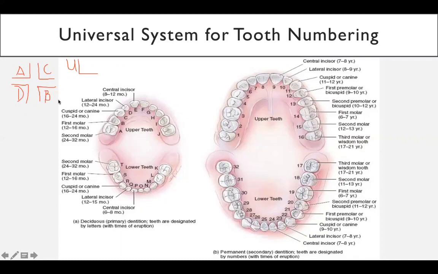Then B is the second tooth, the lateral incisor. Free from the lower side is lower, and closed from the right side is right. So it's A to E on both sides, upper left and upper right, for the Palmer system. But here we have A to J and then K to T. You need to remember the difference between the Palmer and the universal system.